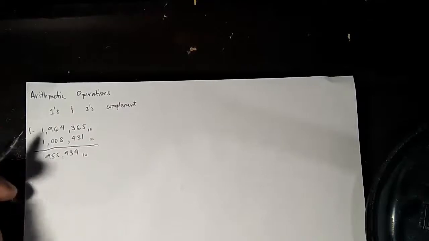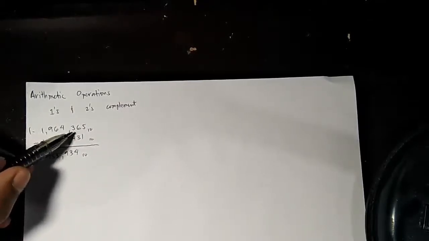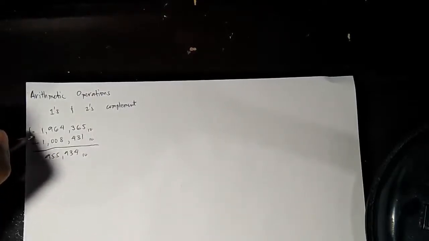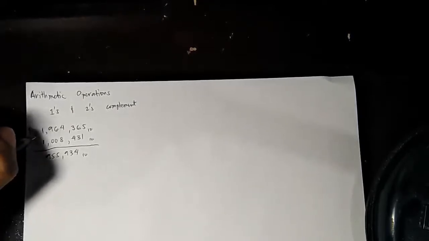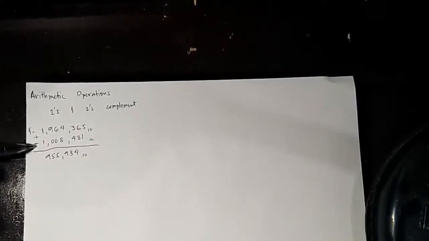So here we have a problem, 1,964,365 base 10 plus, okay, so it is plus minus, so we add this number here at the top, we add it here at negative 1,008,431 base 10.